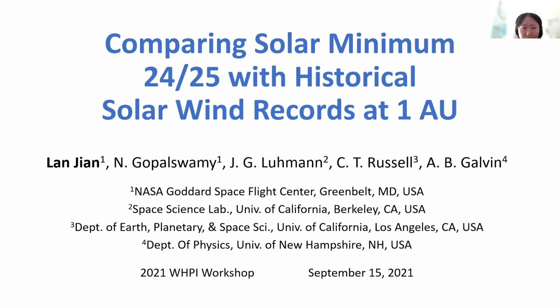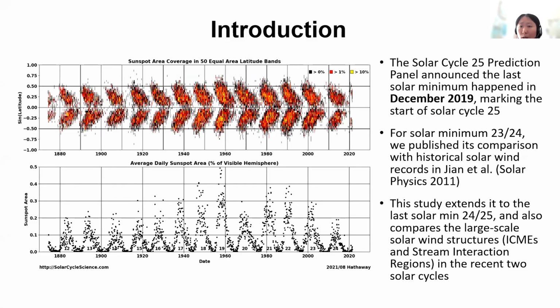Okay, hello everyone. I'm Lan Jian from NASA Goddard, and I will talk about comparing the solar minimum between cycle 24 and 25 with historic solar wind records at 1 AU. Nat, Janet, Chris, and Tony are my co-authors. First, introduction: we all know the new cycle 25 started in December 2019.